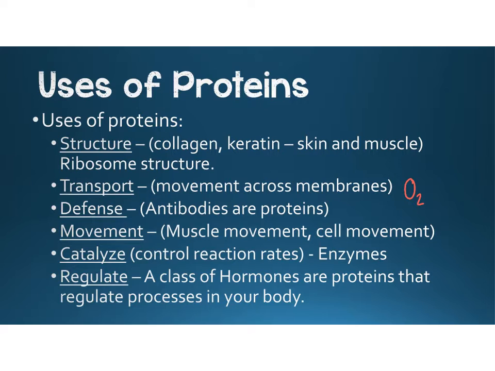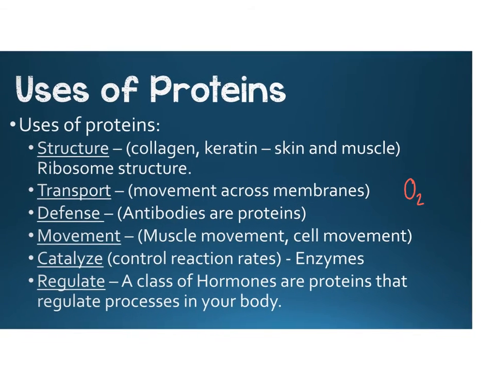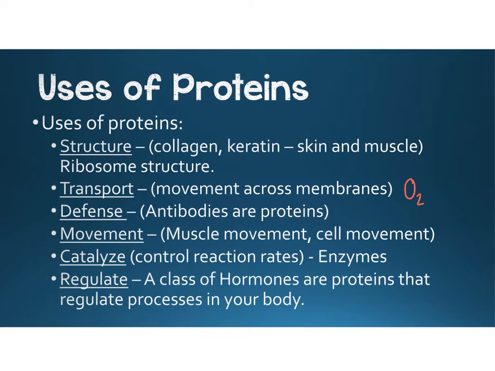The next one is a little weird: catalyze. If you don't remember, a catalyst is a molecule that speeds up a chemical reaction. And these catalysts in your body that are proteins are called enzymes. We're going to talk about enzymes in depth in the next section of this unit.